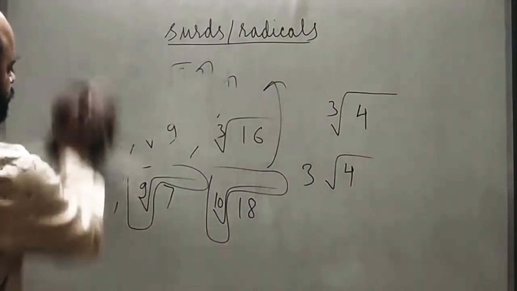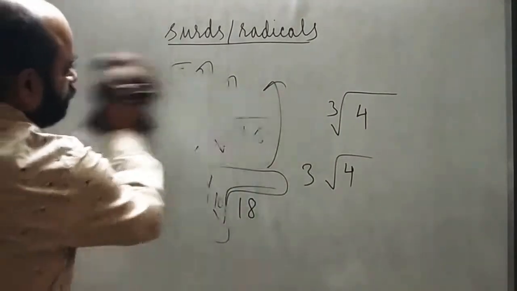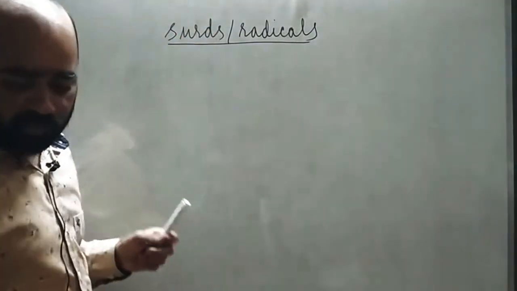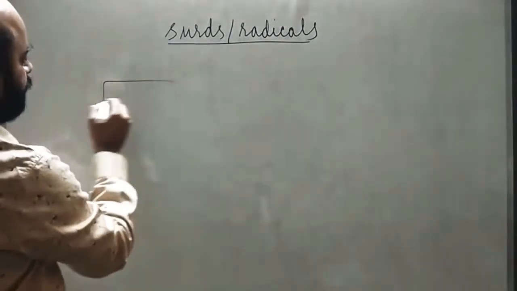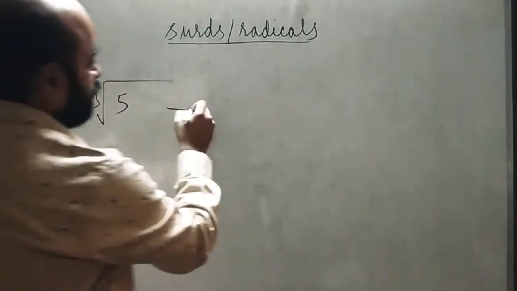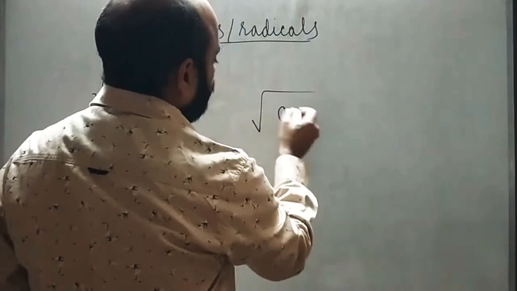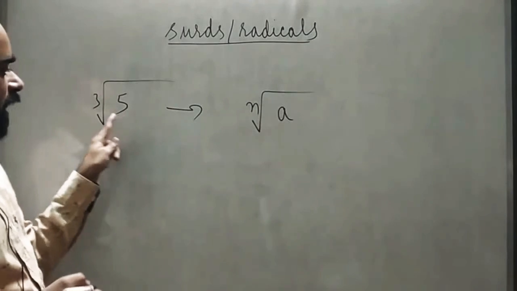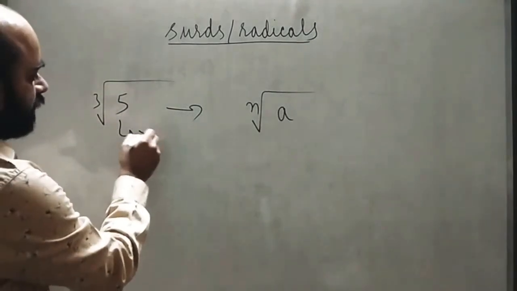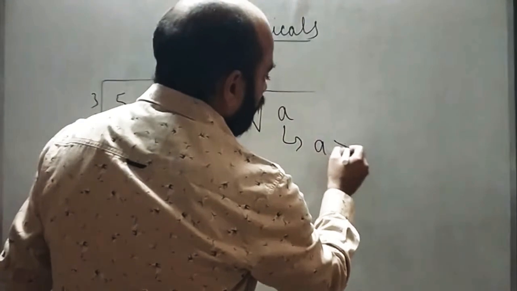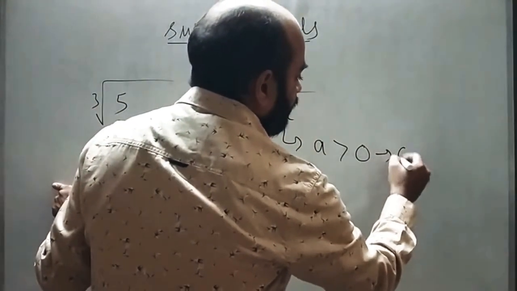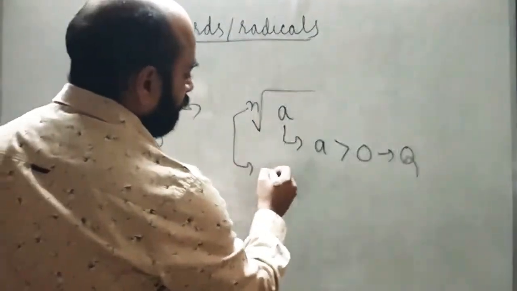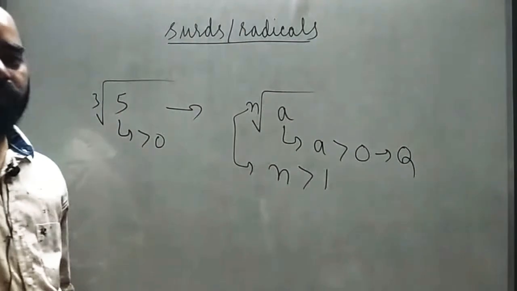So the general notation about radicals. Suppose I am taking an example, the third root of 5. So generally we can write it like this. One number is inside the root. This number must be positive. It means A must be positive and any rational number. N must be greater than 1. Why?